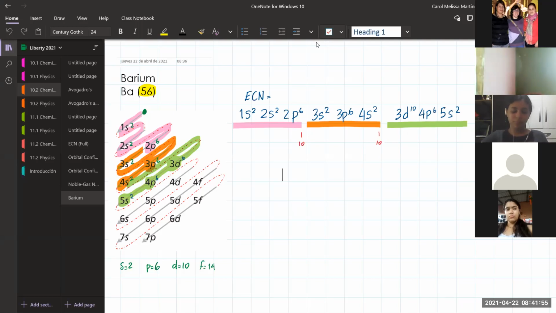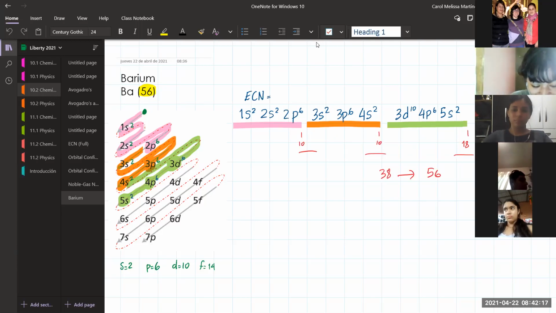Now, in here I have 10 plus 6 plus 2, 18 electrons, which means that I have 20 plus 30 plus 18, I have 38 electrons, but I need 56.